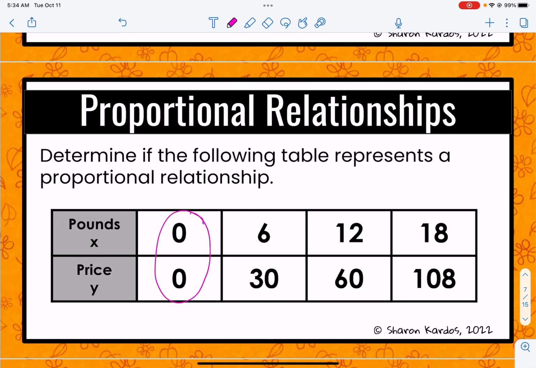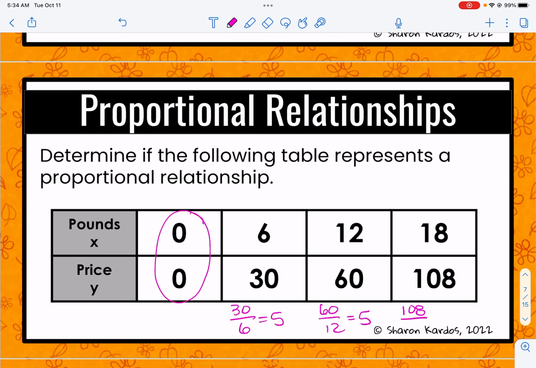So now I need to check my k, my y divided by x for each one of the points that I'm given. So in this particular instance, 30 divided by 6 is 5. 60 divided by 12 is 5. It's looking pretty good.